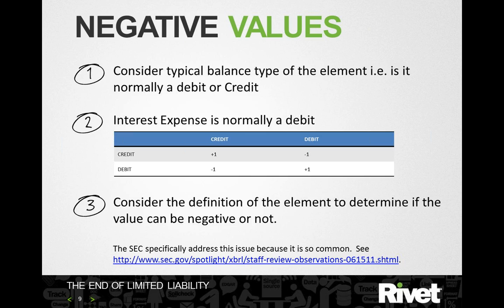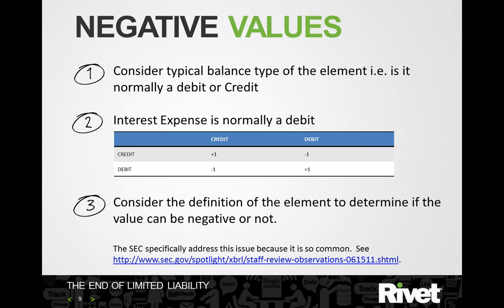So the first one, negative values. There are 3 things here to be aware of. First, consider the typical balance type of the element. Is it normally a credit or a debit? If it's an expense item, for example, it's normally going to be a debit.